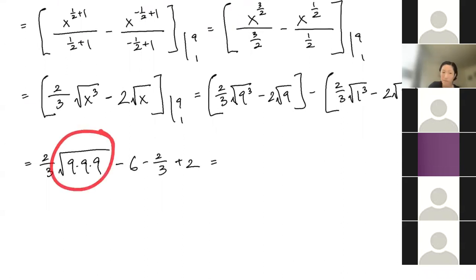How can I simplify this without a calculator? All right, how do I simplify square root of 9 times 9 times 9 without a calculator?